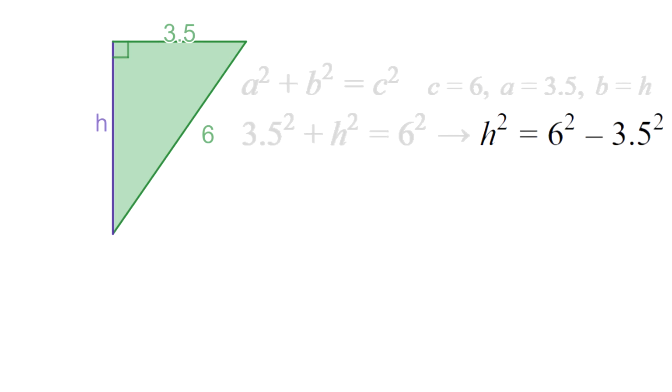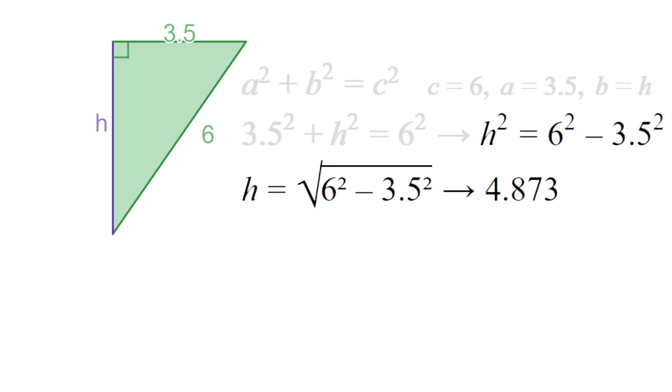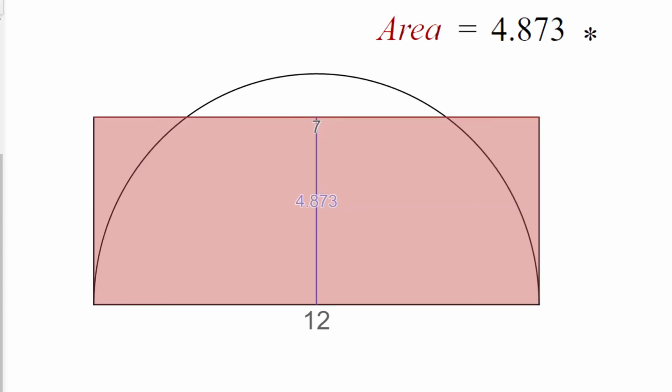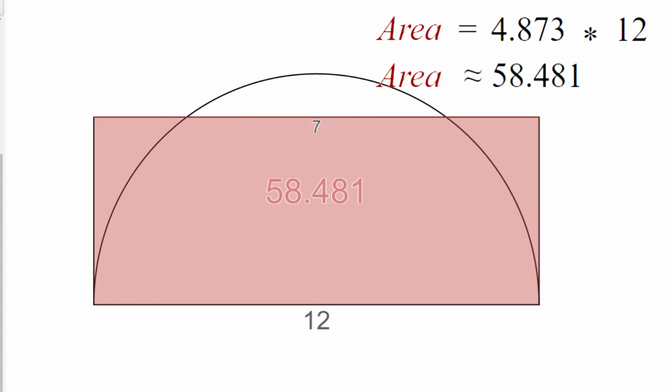Next, we simply take the square root of the right side, giving h equals the root of 6 squared minus 3.5 squared. With a calculator, this yields 4.873. With our height found, we can now find the red area, where we multiply 4.873 by the base of 12, ending up with 58.481, which is the rectangle's area.